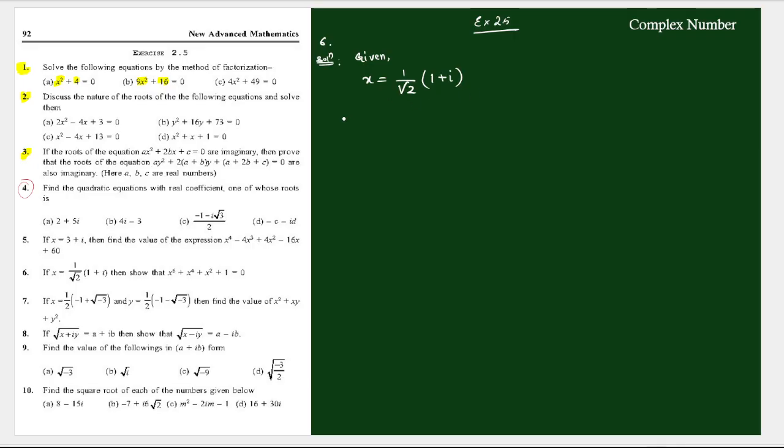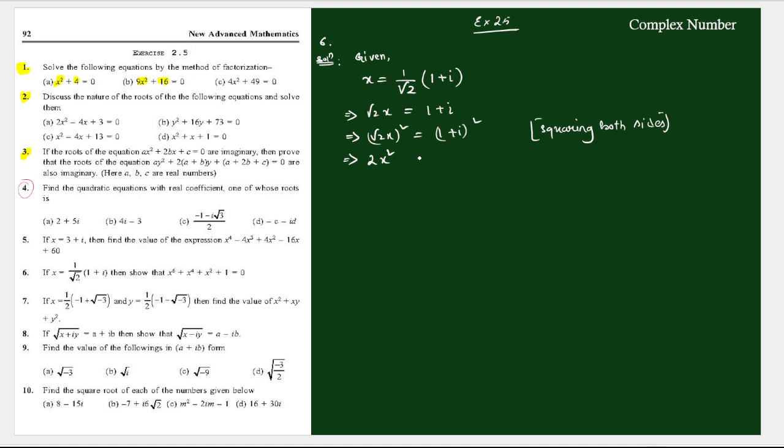So root 2 x, then here we will get 1 plus i. Now square both sides. Squaring both sides, you have to write it. In the earlier question I have not written squaring both sides.